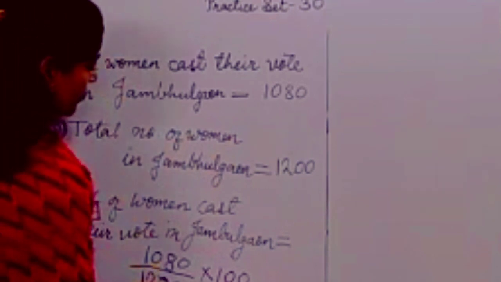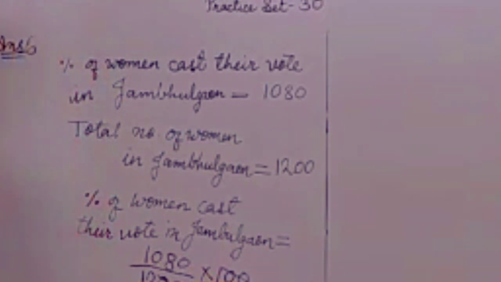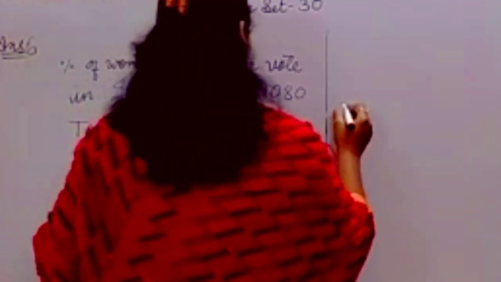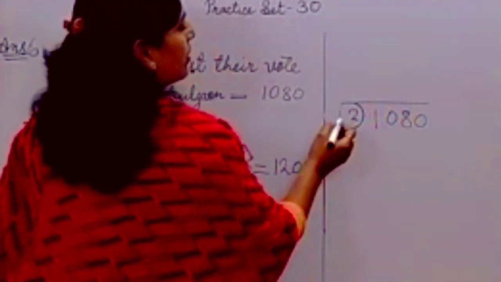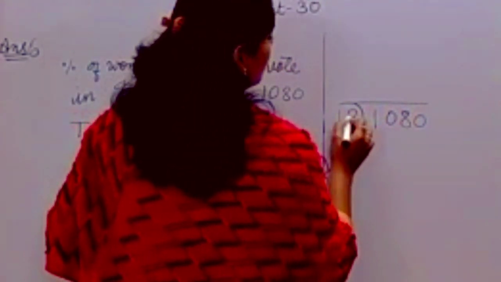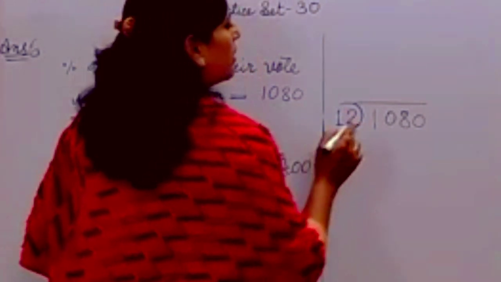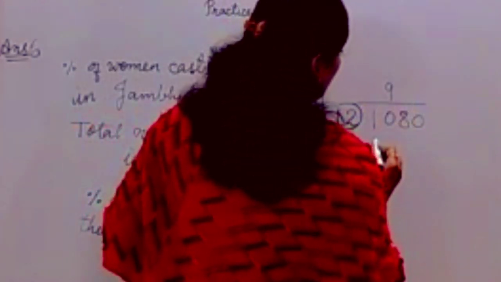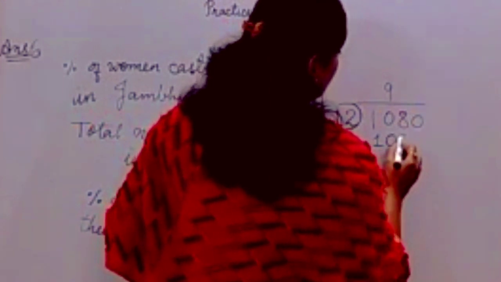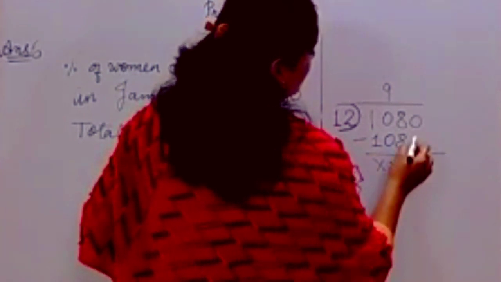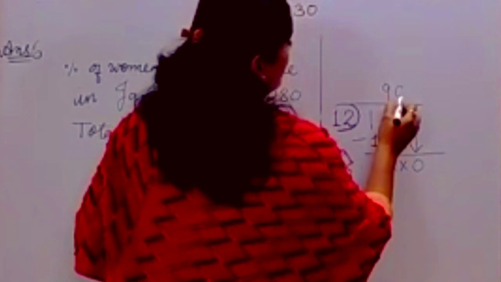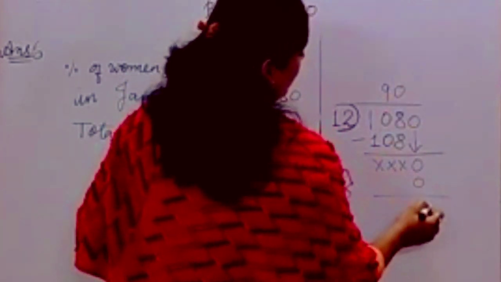Okay. So let us divide it. We'll cut the 100. Then what will we get here? 12. Let us divide it. You must be knowing the table of 12. 12 nines are 108. 0 as it is. 12 zeros are 0 and here the remainder is 0.